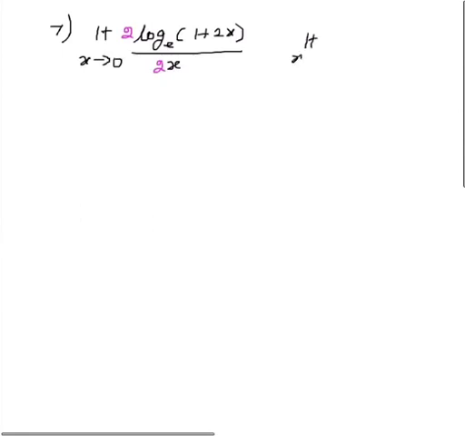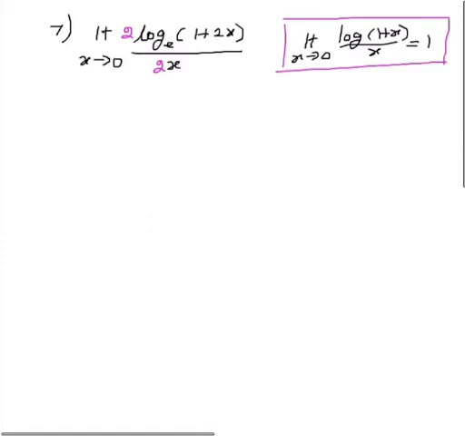And we will use limit x tending to 0 of log of 1 plus x divided by x is equal to 1 formula. As x tends to 0, 2x also tends to 0. Therefore, the formula is applicable. 2 is a constant, and by that formula it becomes 1. Therefore, the answer is 2.